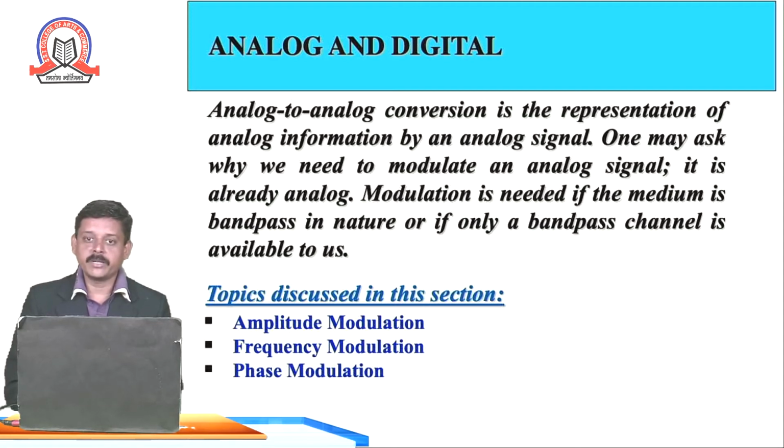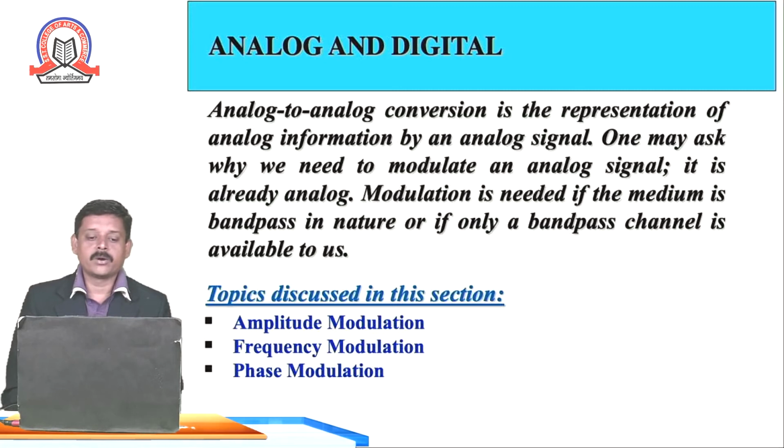So data is carried from one location to another location. Modulation is needed if the medium is bandpass in nature, or if only a bandpass channel is available for us.